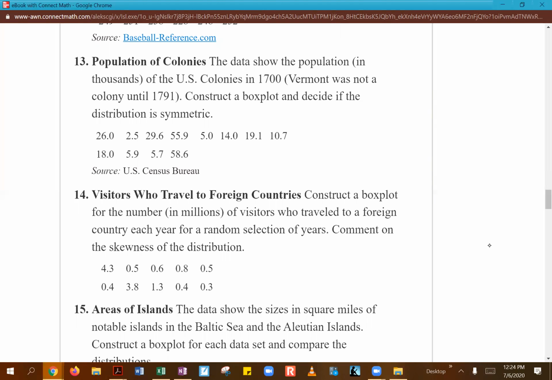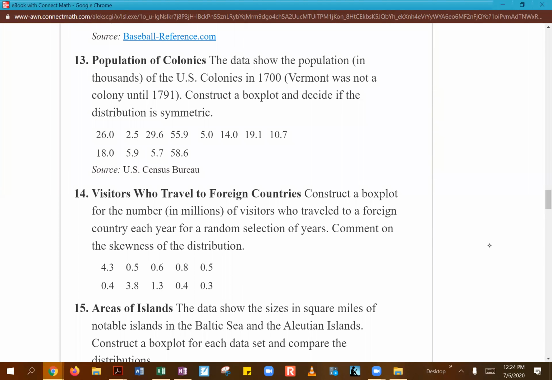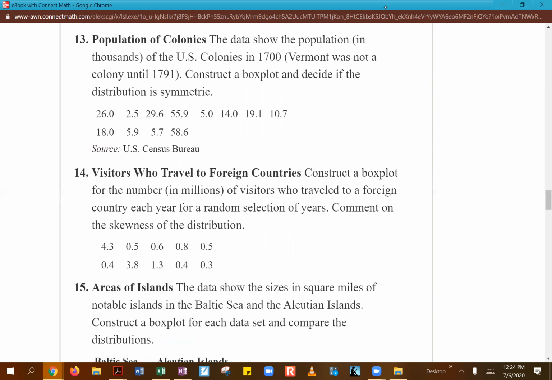And they're asking us to construct the box plot and decide if we have a symmetric distribution or not. So let's start by first putting this in order from smallest to the largest data value. So we're doing number 13.